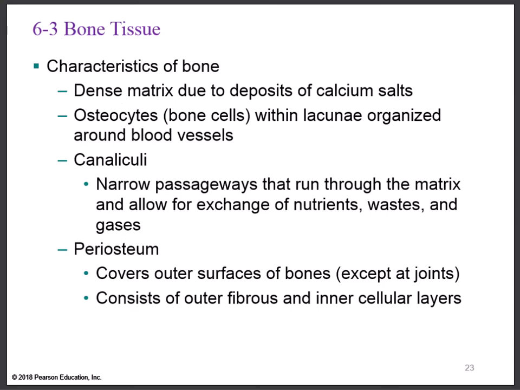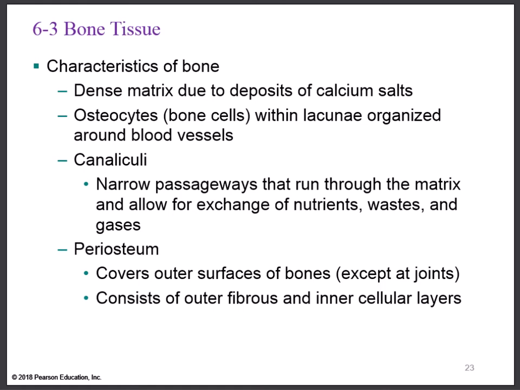Here are some characteristics of bones that we should know already from the tissue chapter, but I'll review them real quick so that we know that bone has a dense matrix. What makes the bone dense is the deposition of various calcium salts. The cells we're going to see that maintain the bone are the osteocytes.